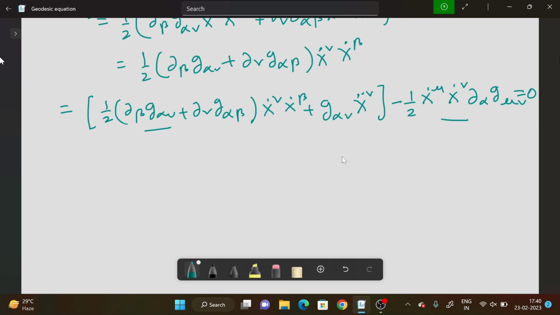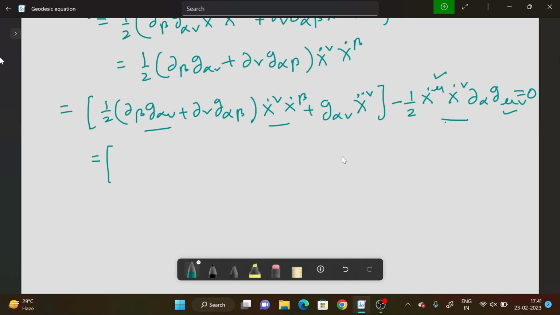It would be great if we can take this equation inside, and then we can take the halves common, right? So how do we do that? We have an x dot nu in here and x dot beta in here, and we have an x dot nu and x dot mu. So all we gotta do is replace this mu with beta, right? So mu appears here and mu appears here. Let us try to replace that.